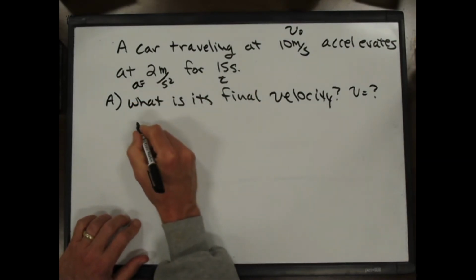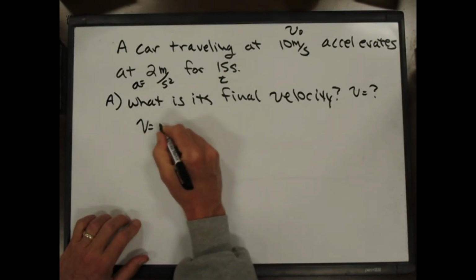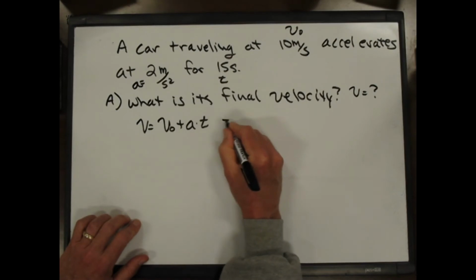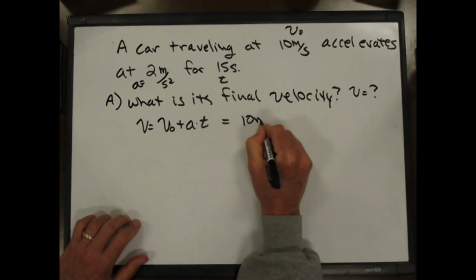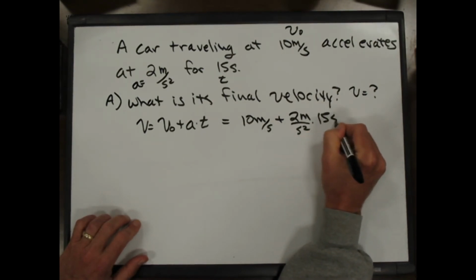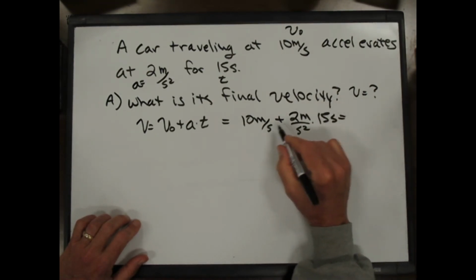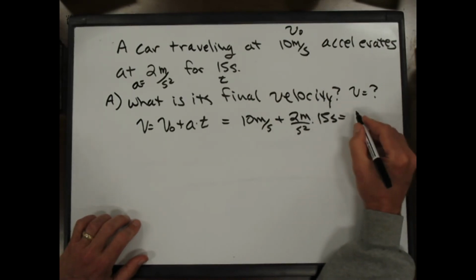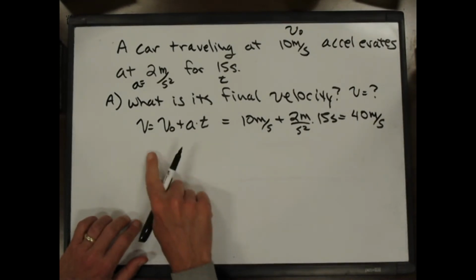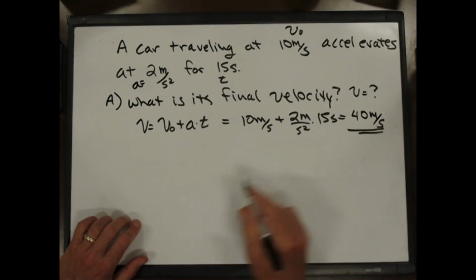From our formula from earlier, v equals v naught plus the acceleration times the time. That's 10 meters per second plus 2 meters per second squared times 15 seconds, which is 10 plus 30, which is 40 meters per second. So that's my final velocity, 40 meters per second.